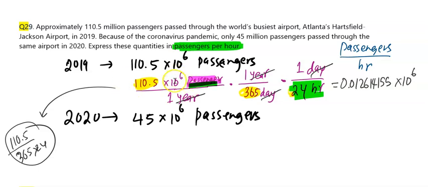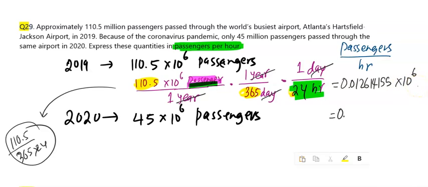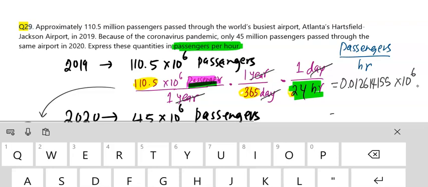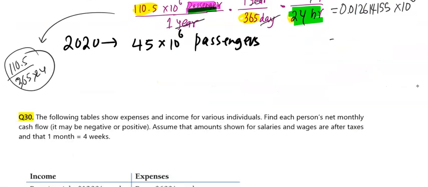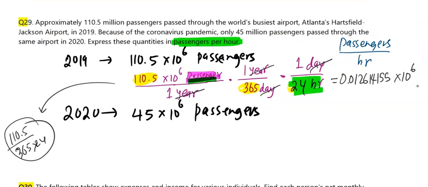Now the 10 to the power 6 is still there, so I just write 10 to the power 6. Now I move this decimal 6 units to the right to change scientific to an ordinary number. The ordinary number is going to be 12614.15.